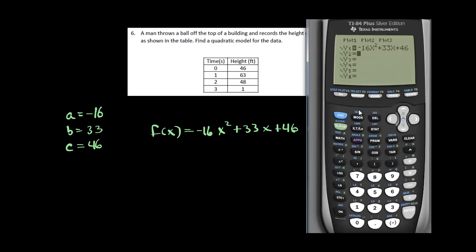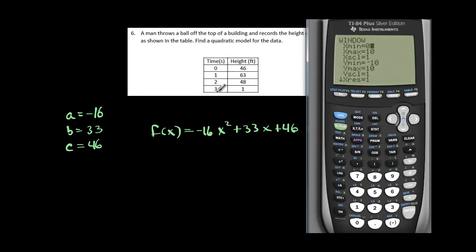Enter. And now before I hit graph, I'm going to click on the window. In terms of a domain for this, the lowest x that I put in here was 0. And it makes sense because you don't want the domain to be any less than 0 because time can't be negative. So we're going to have 0. What's my max time that I want?